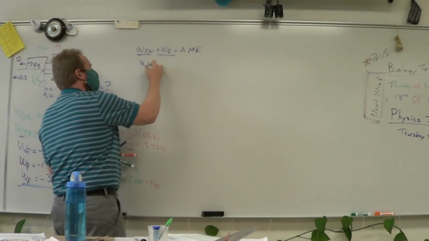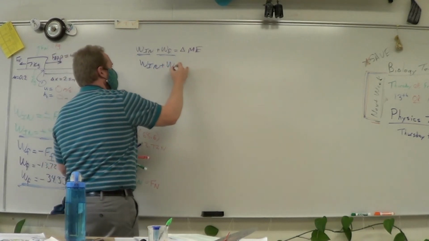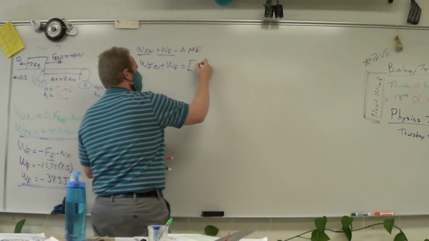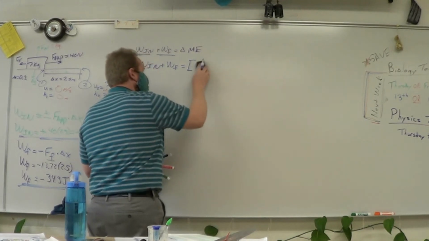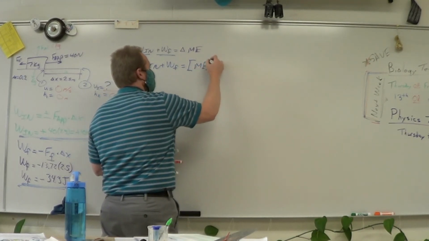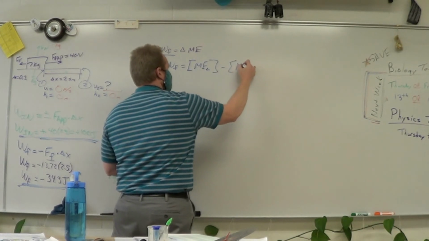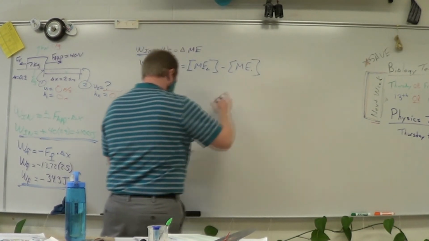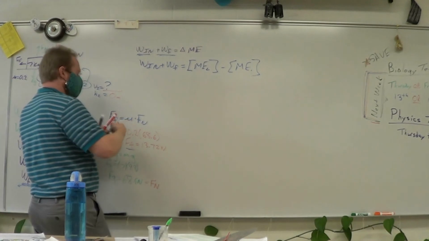Now, if we expand out our energy pieces, we have ME2 minus ME1. That's what delta ME means.